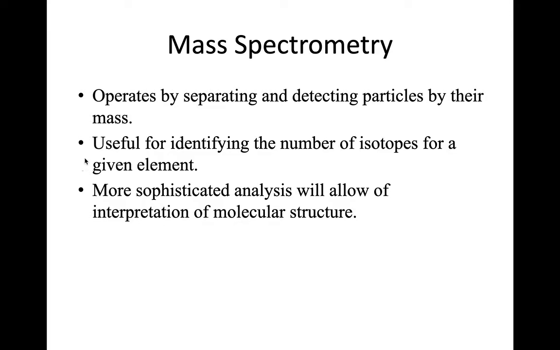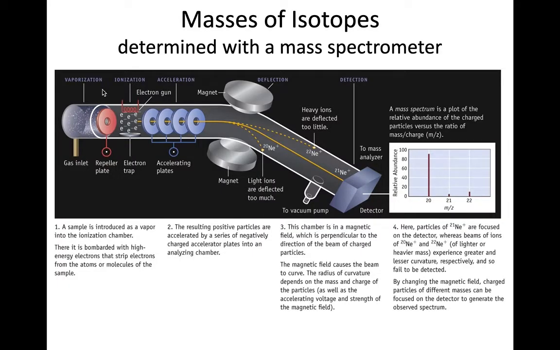You can apply it for other questions and applications as well. You could use it to get a whole molecular structure, but most often it seems if it's going to come up on an AP test, it's going to be for this application. Let me just quickly walk you through what happens in a mass spec.